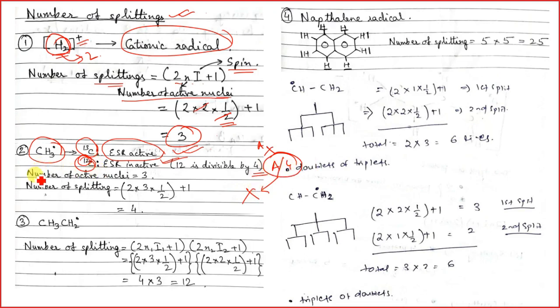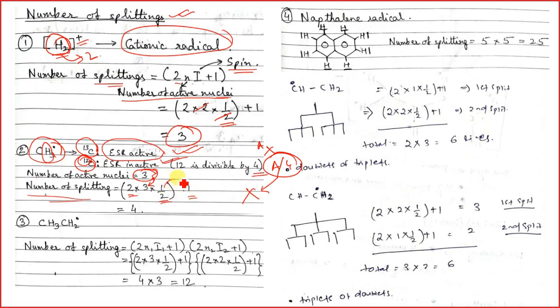Now, herein we have the number of active nuclei. We are having 3. Why 3? Because of the presence of the three protons. So the number of active nuclei is 3. So the number of splittings over here would be 2 multiplied by 3 multiplied by half plus 1.